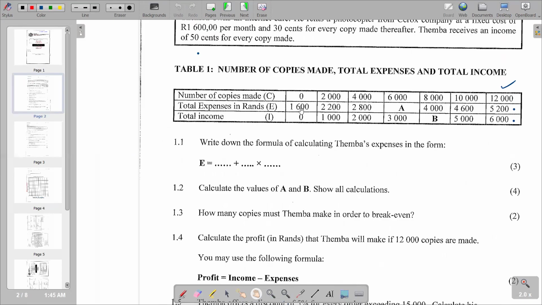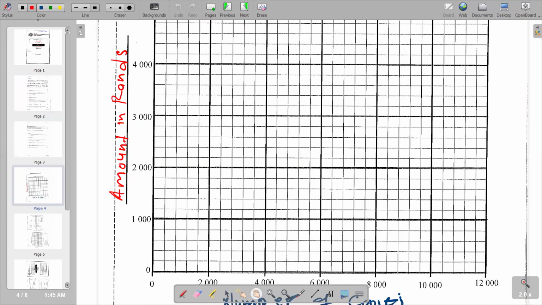So we have 0 number of copies, but 1,600 on the vertical. We've got 1,000 here, and between 1,000 and 2,000 we've got 5 lines. So 1,000 divided by 5 gives 200. So we're saying 1,200, 1,400, then 1,600 is here. That's our first point.